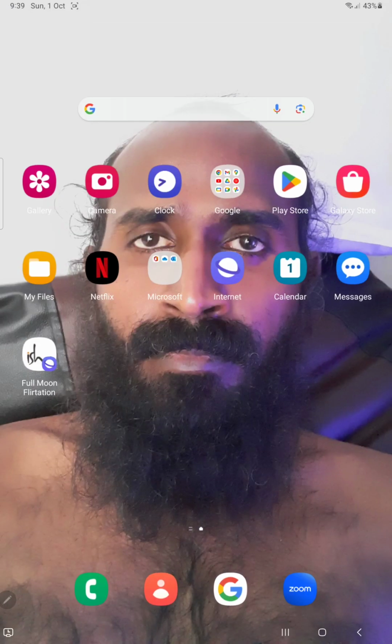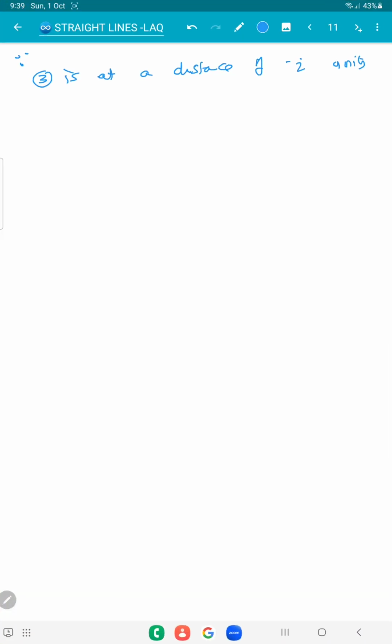So the third line is at a distance of 2 units from 2 comma minus 1, so equate that. 2 is equal to the perpendicular distance from 2 comma minus 1 to the line 3.